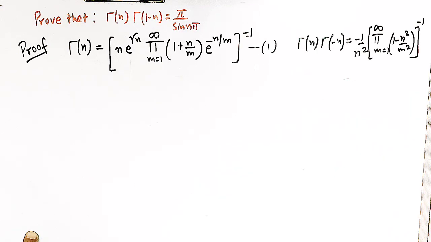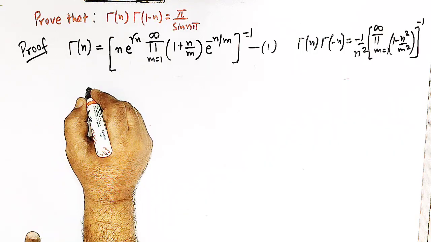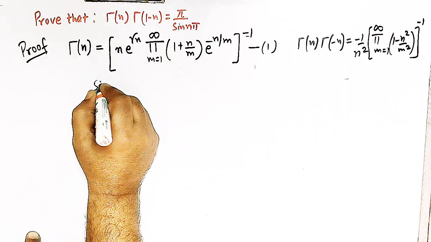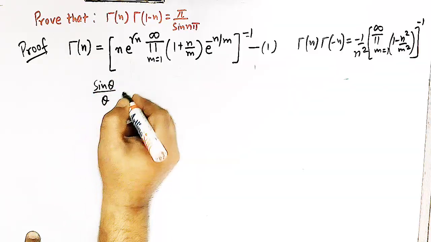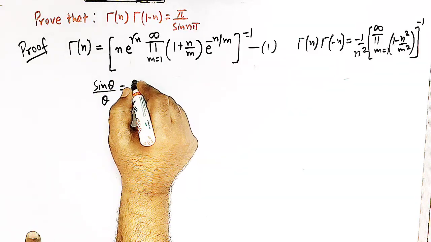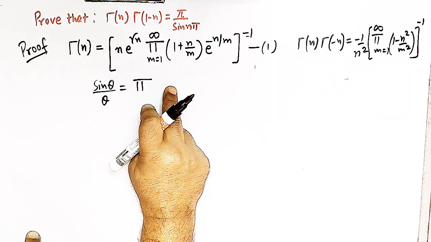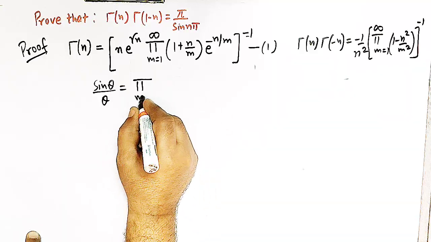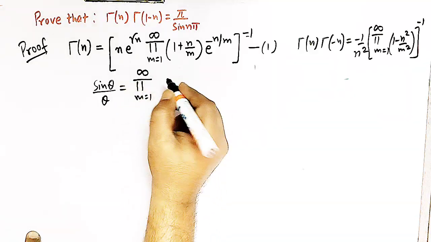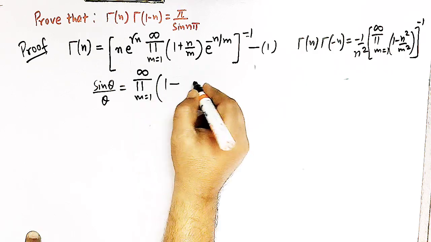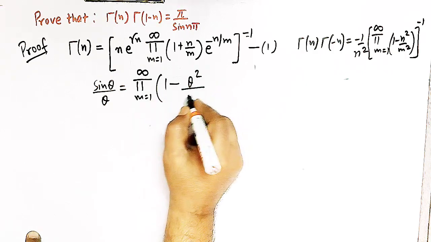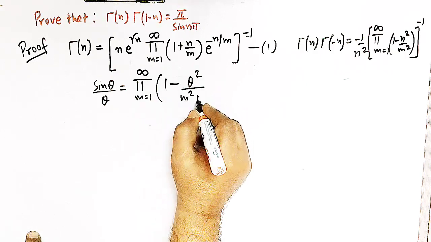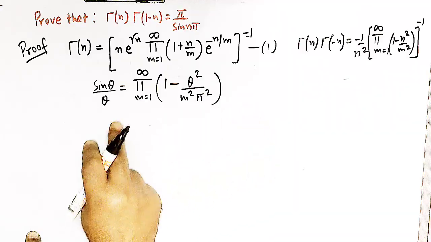So now let us make use of the well-known infinite product representation of sin θ. Now sin θ over θ is given by this infinite product representation, that is, the product from m equal to 1 to infinity of 1 minus θ square over m square π square, right?